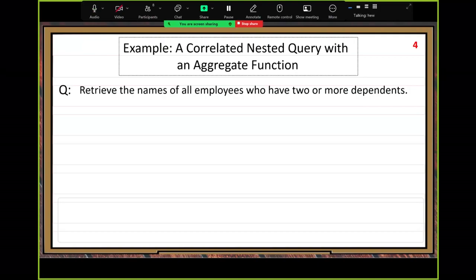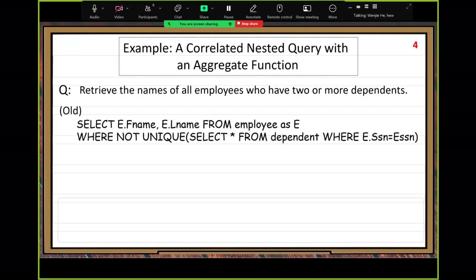But here, 2 or more. How do you get 2 or more? You need to apply the count function, greater or equal to 2. For each employee, you count the number of dependents, and that number should be greater or equal to 2. So you write this statement.